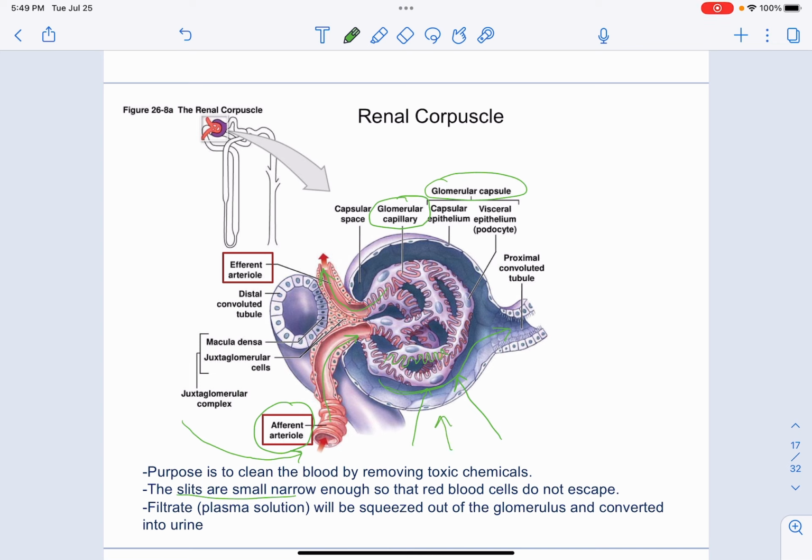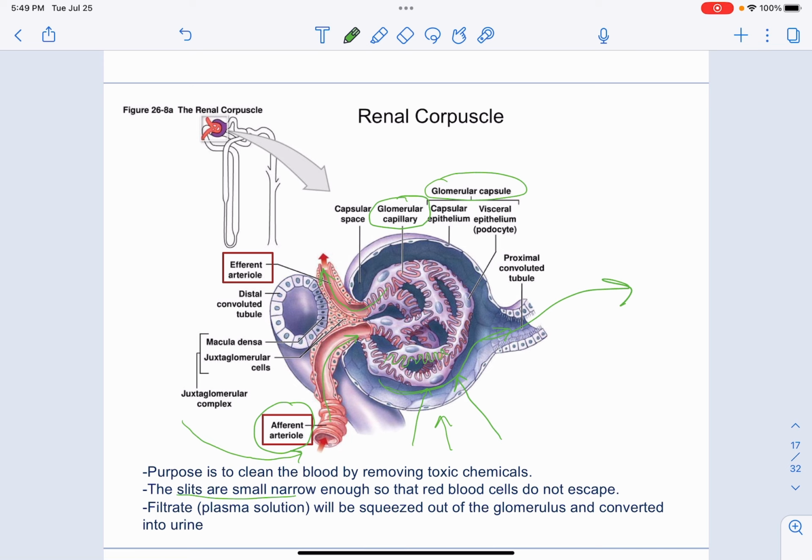Blood flows through it, things that we don't want enter the capsule and leave, and everything else remains in the blood and flows right back out and continues through our body. You can think of it as little filtering systems all around.